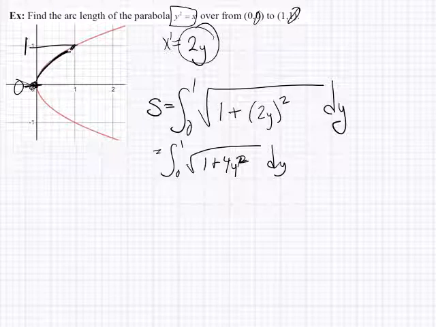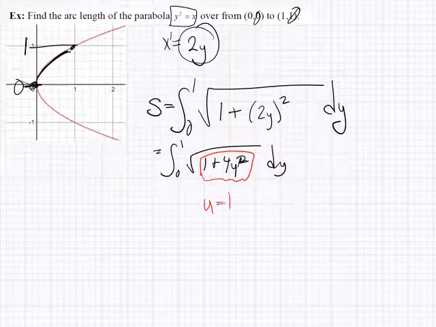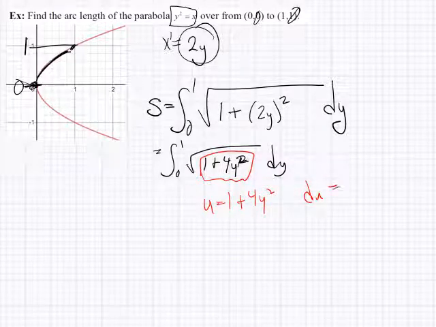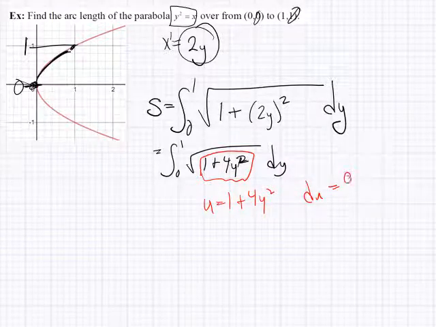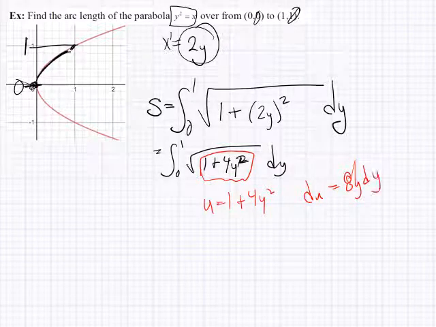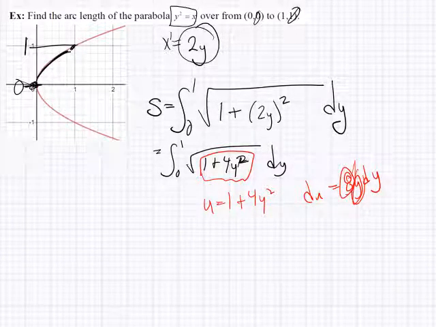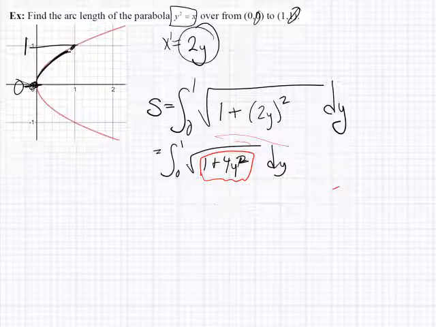And there is no substitution that's going to work here, because the only substitution you'd use would be some piece or all of this thing inside the square root, the radicand. And if u equaled 1 plus 4y squared, du would equal 8y dy. And the 8's not really the problem. We can fix that. But having this extra y, we don't have an extra y anywhere in this integral to make this work out at all. So, at this point, that's as far as we can go.